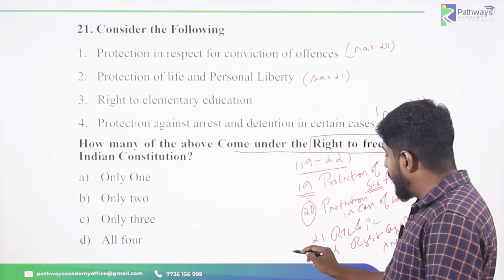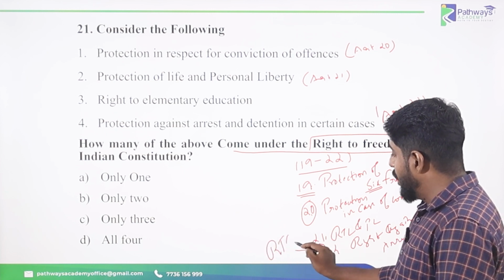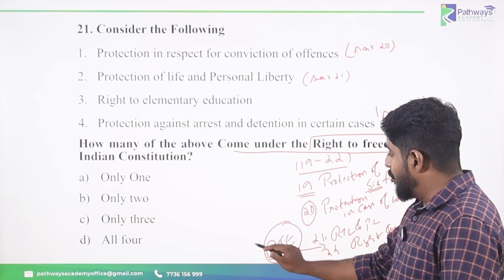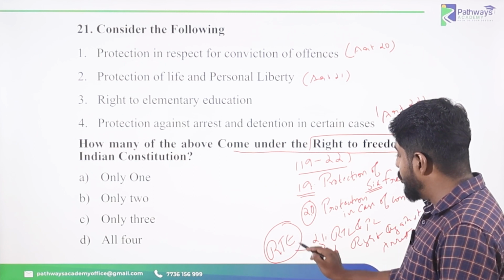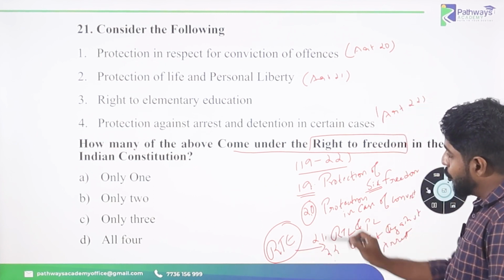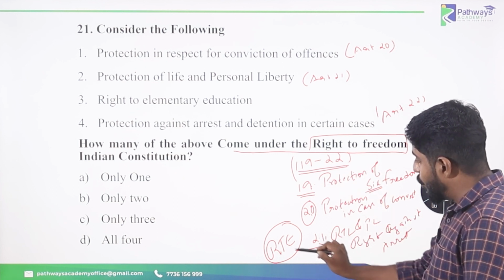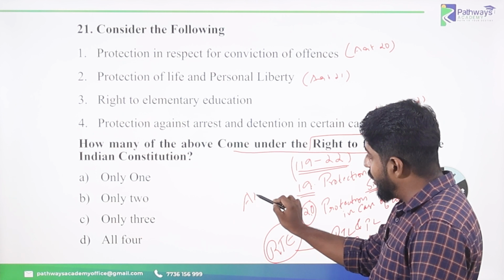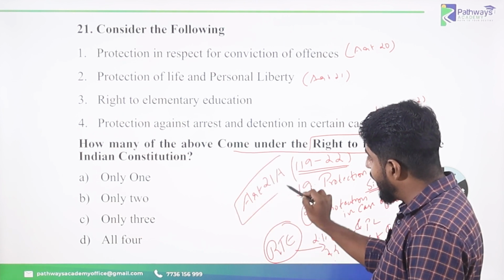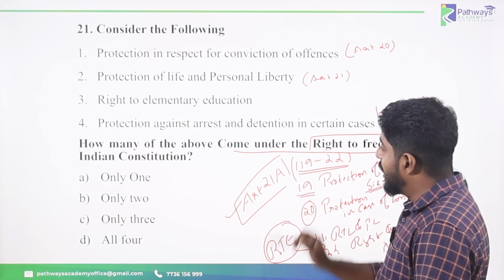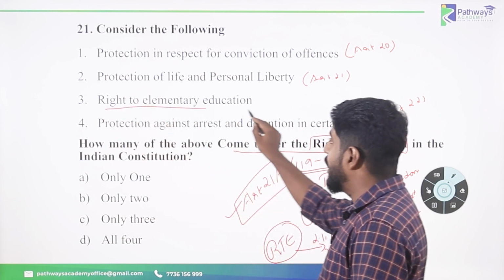that is also one of the rights which was inserted as part of the right to education, isn't it? You may say that the right to education was inserted in this particular range between 21 and 22. That is, you have article number 21A of the Indian Constitution, that provides for the right to elementary education as a fundamental right.